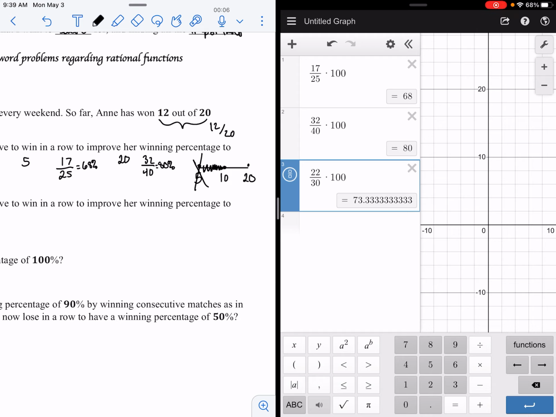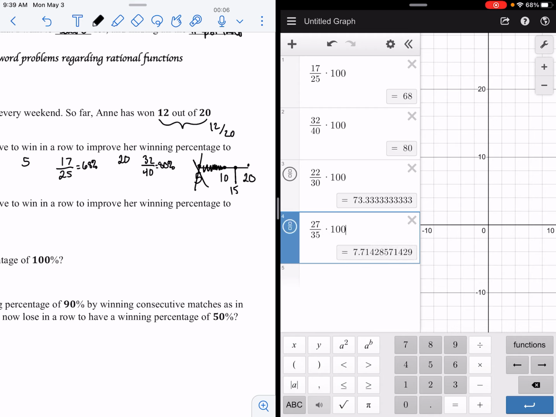Because I know 10 isn't enough, I know my answer is going to be between 10 and 20. Well, the next number I'm going to use will be 15. Assuming she wins 15 matches in a row, she will have won 27. We add 15 to the denominator, which would be 35. Multiply this times 100, and this is 77, so that's too much. So now I know my answer is between 10 and 15.